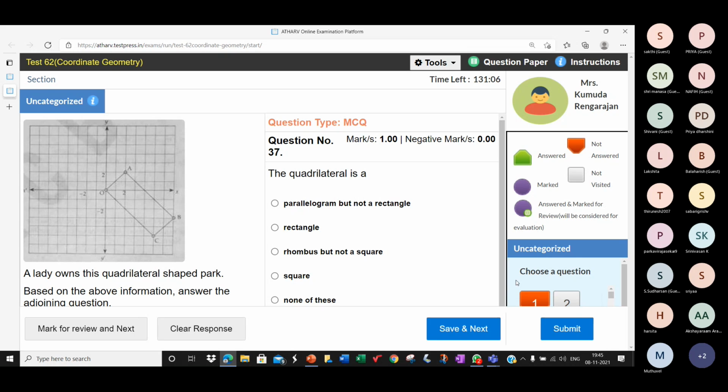Supposing you get 1, 1 for one diagonal and 2, 1 for the other, that means they have different midpoints and don't bisect each other. Here we have the same midpoint, so the diagonals bisect each other. In a quadrilateral, when the diagonals bisect each other, it is a parallelogram. And in the parallelogram, diagonals are equal. AC is equal to BO is equal to root 58 units. So it's a rectangle.